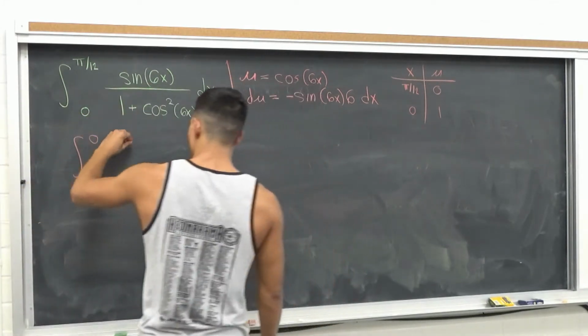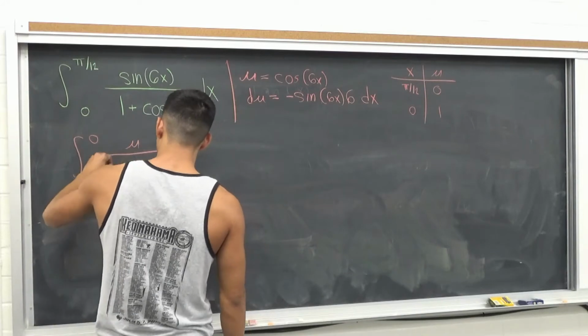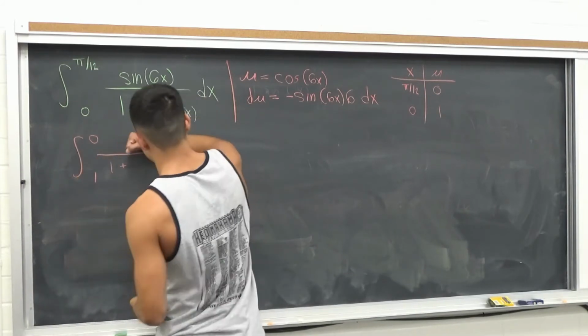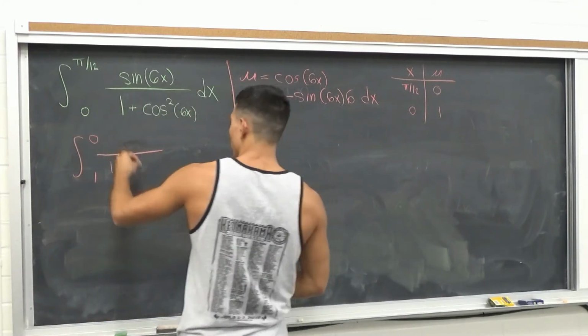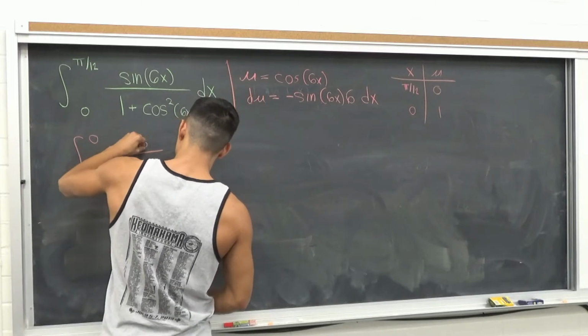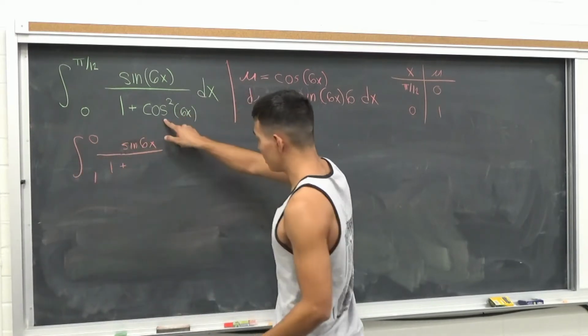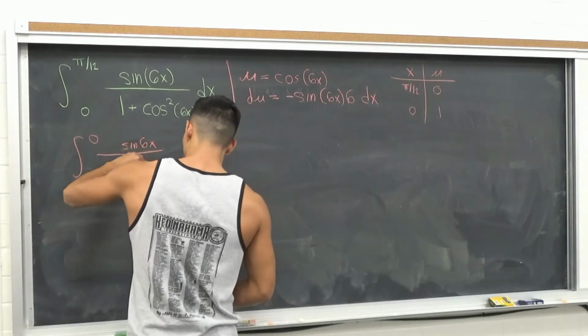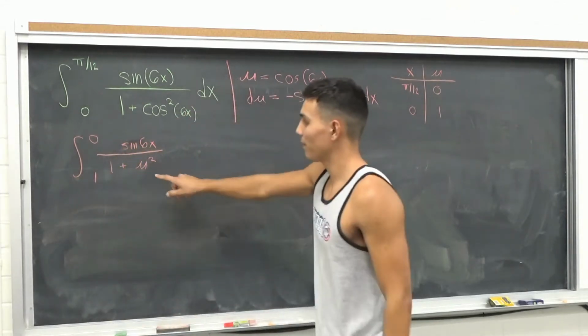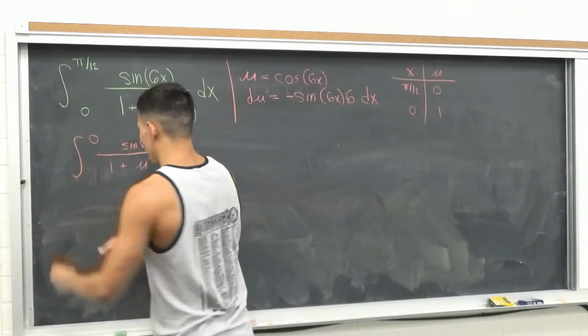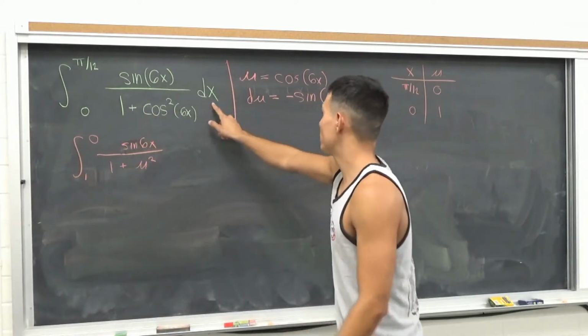Sine 6x is going to become, oh, one second, that's not mu. Cosine squared 6x is going to become mu squared. And then what's our dx?